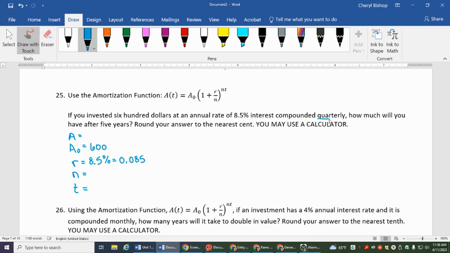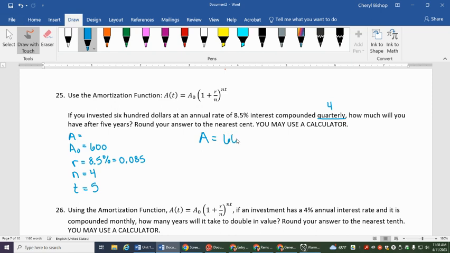Compounded quarterly, what does quarterly mean? 4 quarters in a year. So N is the number of times we add the interest, 4 times a year. How much will you have after 5 years? So my time is 5. So we're just trying to solve for A. That's an easy one. I like this one.